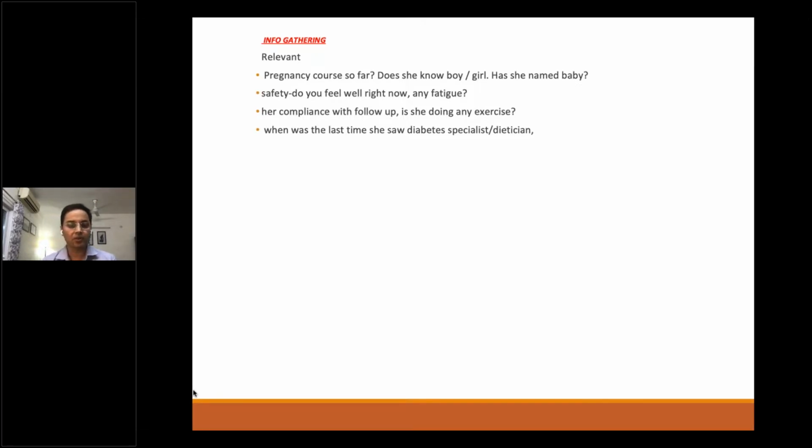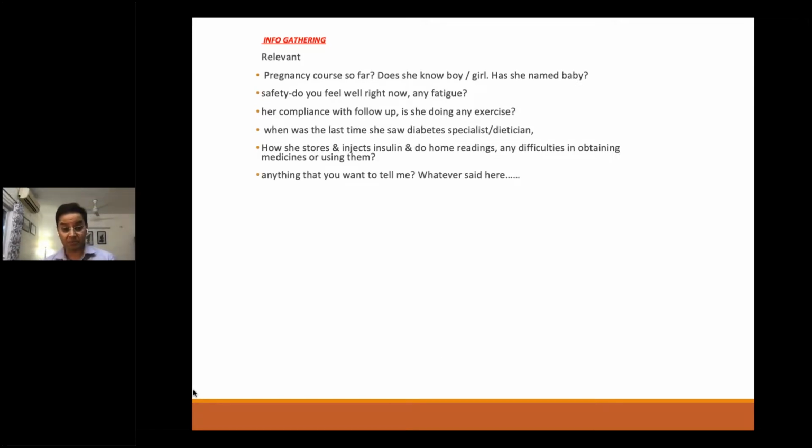So we don't have to be judgmental. Yeah, she is a teenager, she might not be regular with it. So no blame game, but think of every possible scenario. That was one safety tip. How she's storing, how she's injecting, how she does her home readings, and is she having any difficulty in obtaining medicines or using them? And whether she has social support or home support.